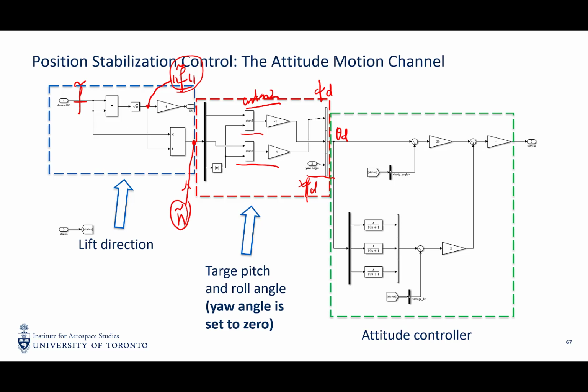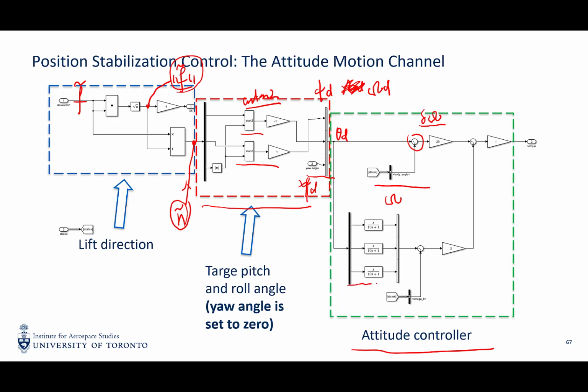So this is the attitude channel, and here is the rate channel. If you have the desired Euler angles, then we can obtain the actual Euler angles from the simulation. And here is the delta of the Euler angle, the difference between the desired value and the actual value.